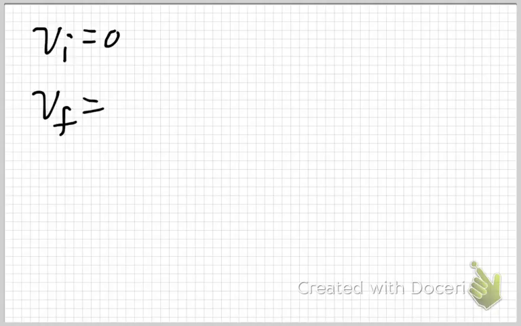Okay, let's use a straight line motion equation. Let's say the initial speed of this thing is 0, and let's find its final speed. I'm going to give you a distance, and I'm going to tell you that is x.